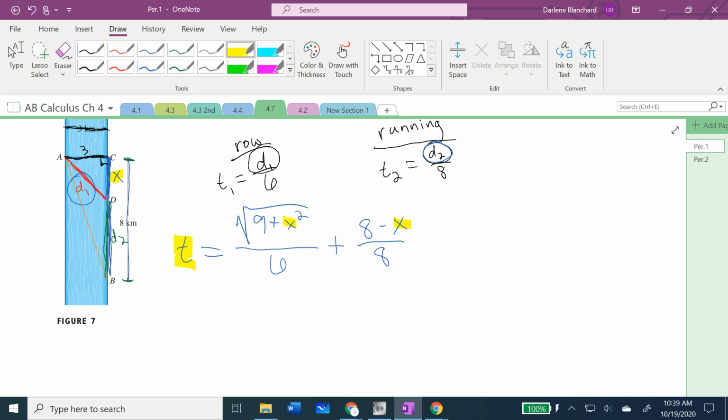If we want time to be minimum, then if I'm looking at a graph of time with respect to that distance, I want to find a minimum time. And that minimum time is going to happen when the derivative is equal to 0. So does everyone see why we're taking the derivative and setting it equal to 0?